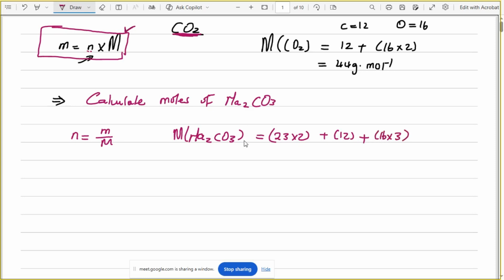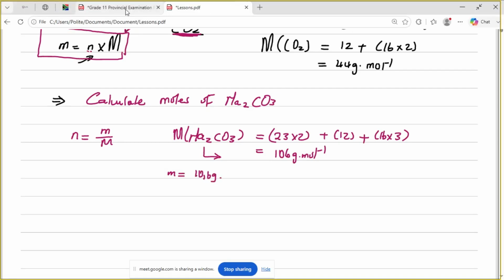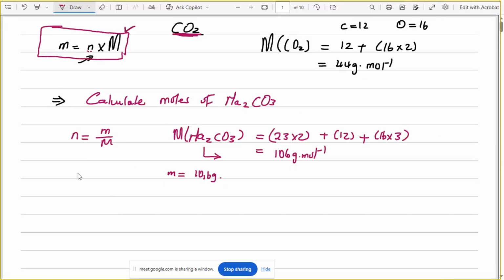What is the molar mass of sodium carbonate? 106. Okay, so this is 106 grams per mole. This is the molar mass, and the mass, small m, was given as 10.6 grams. We can sub in everything to find the number of moles of Na2CO3.